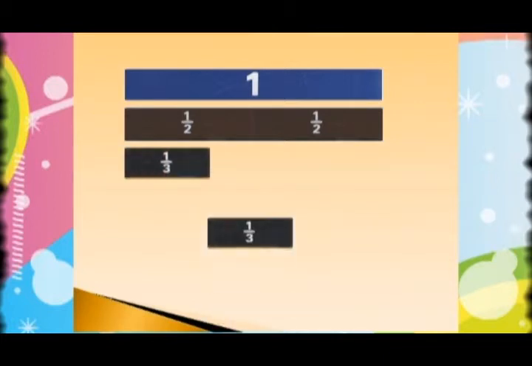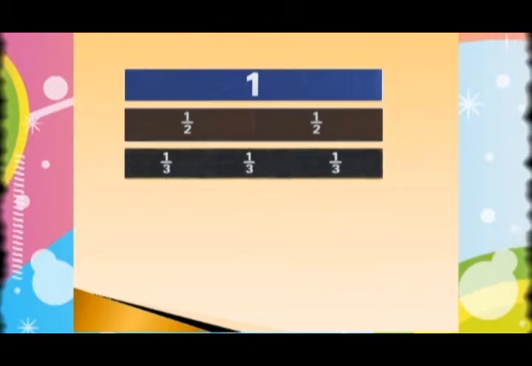Let's go ahead and look. 1 half, 2 halves. So it takes 2 halves to make 1 whole. Let's look at how many thirds we can get out of a whole. 1/3, 2/3, 3/3 make 1 whole.